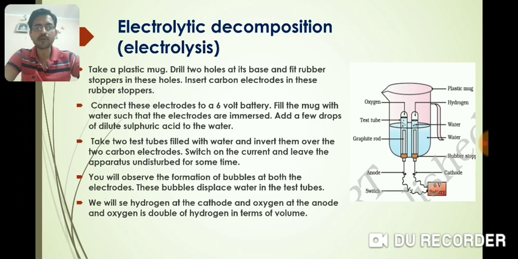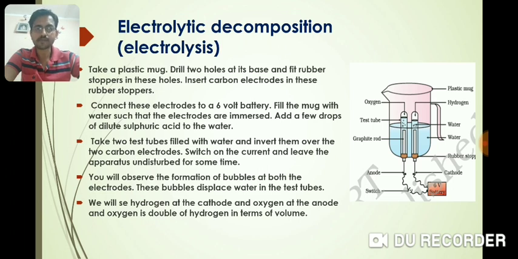The ends of the electrodes are connected with the battery as shown in the figure, and two test tubes filled with distilled water are inverted on each of these electrodes. The beaker is also filled with distilled water, but you know that distilled water is not a conductor of electricity. So to make it a conductor of electricity, few drops of sulfuric acid is added into it, which make it a good electrolyte.